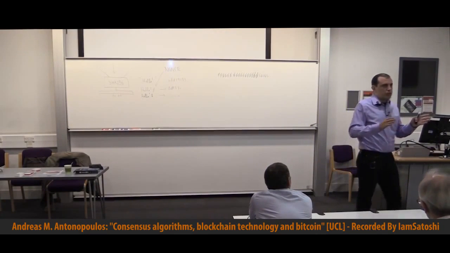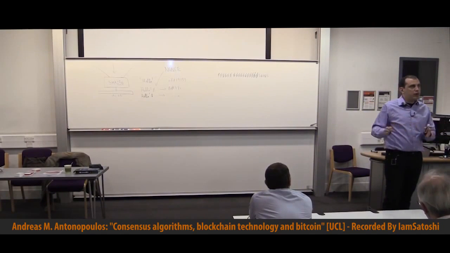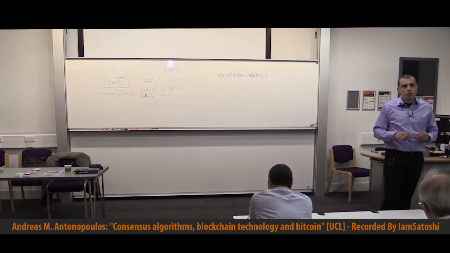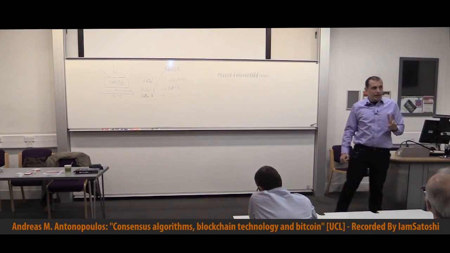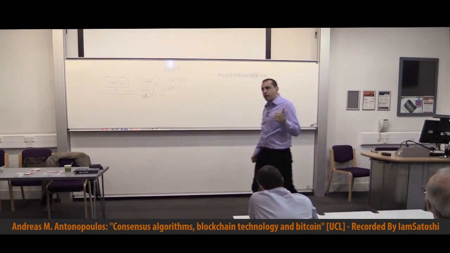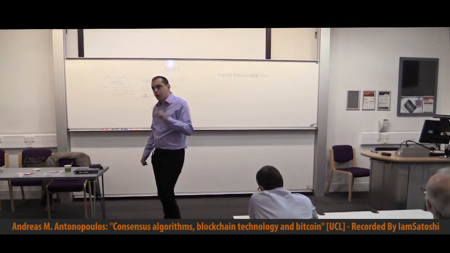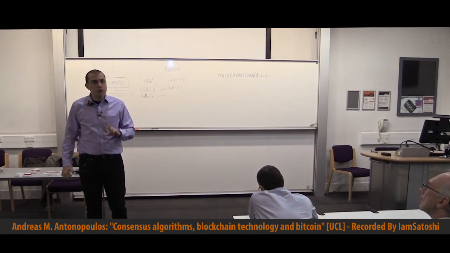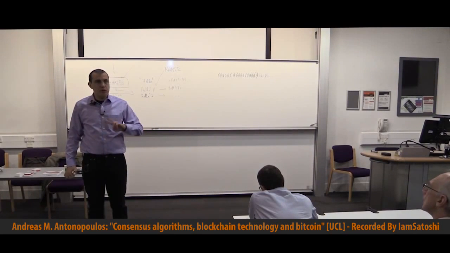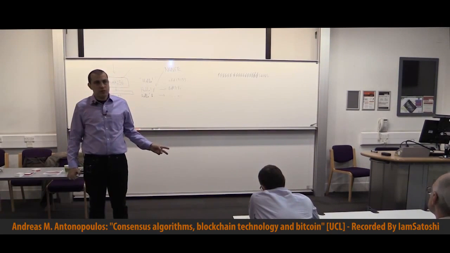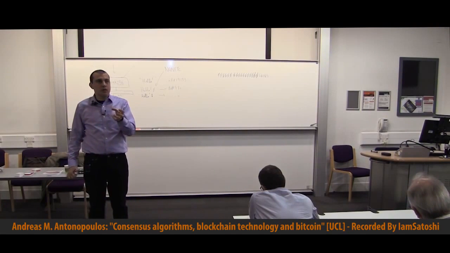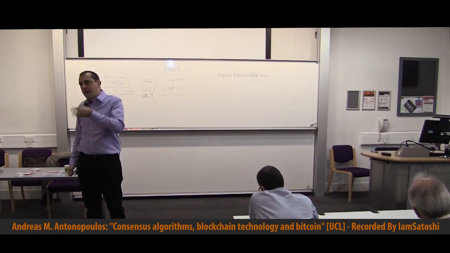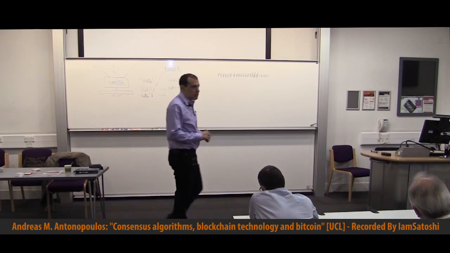And the possibility of reward is determined by whether your block meets the consensus rules, which means you spend money, and if you play fair by the rules, you get money back. If you spend money and you try to cheat, you don't get money back, which means you lose money. So therefore, it doesn't pay to cheat. And that simple game theoretical equilibrium is the core of the Bitcoin consensus algorithm.